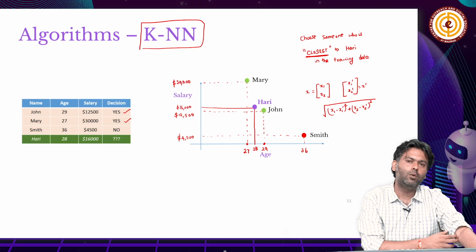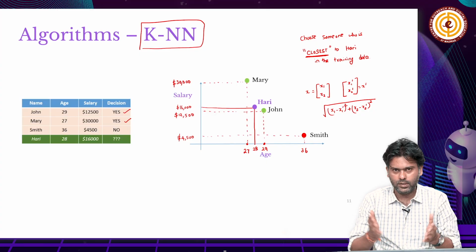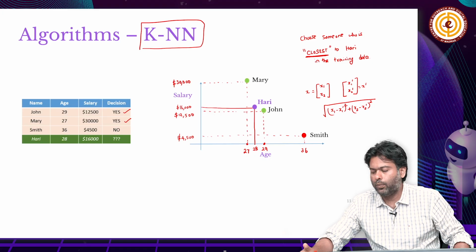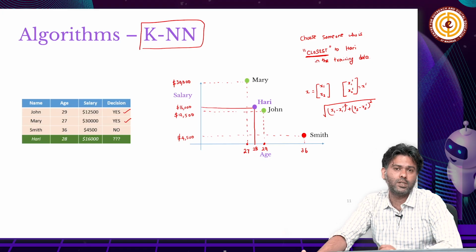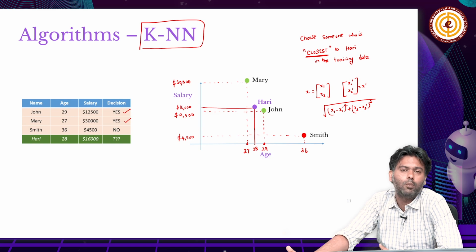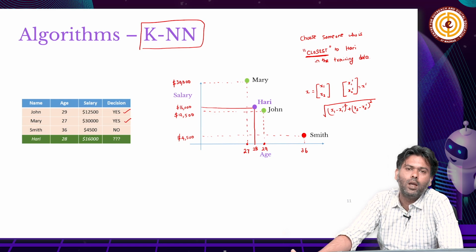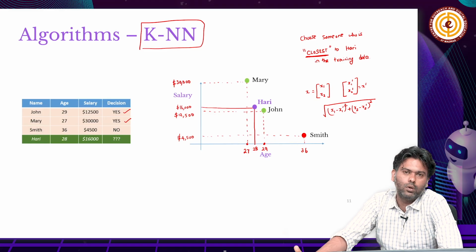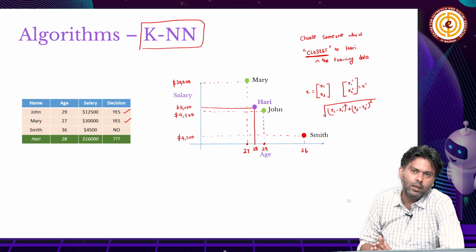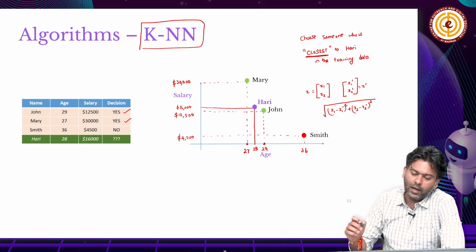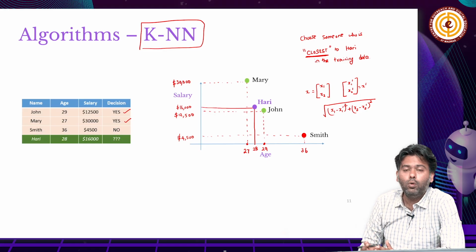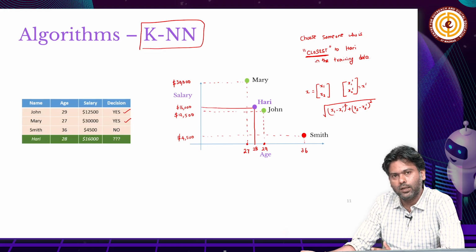Because our algorithm has decided that the proxy of Hari, the closest person in my data set to Hari, who is John, paid the loan back, I'm hoping that Hari will also pay the loan back, and so as a manager, I'm going to grant the loan to Hari. So that is the algorithm.